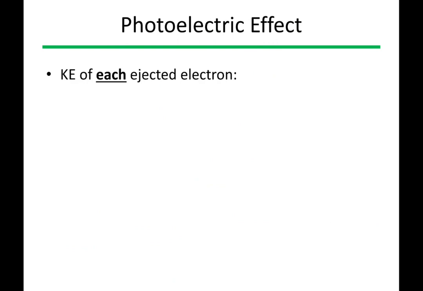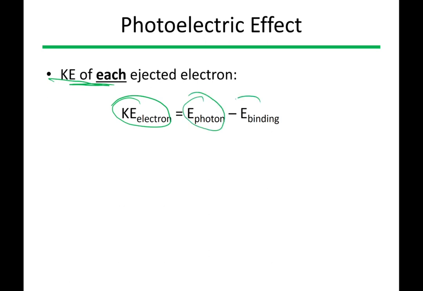Furthermore, the kinetic energy of the ejected electron, once we eject an electron from the surface of the metal, will be the energy of the incoming photon minus the binding energy. So if a blue photon has enough energy to eject an electron, a violet photon would not only be able to eject that electron, but would cause that electron to leave the surface of the metal with a higher kinetic energy.